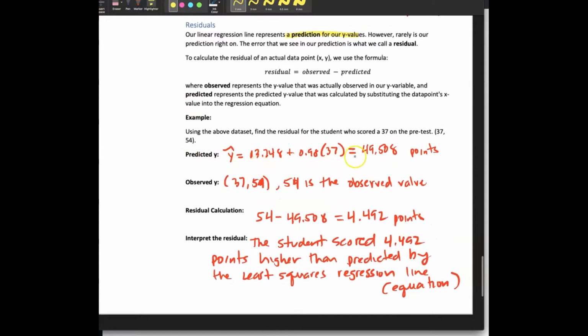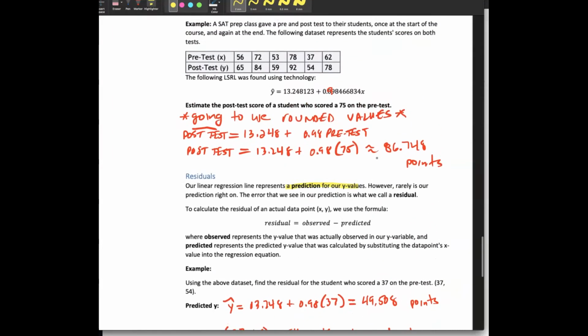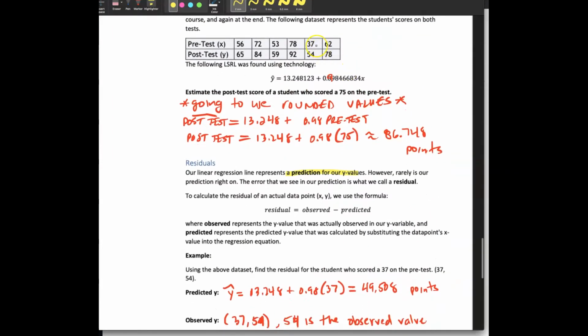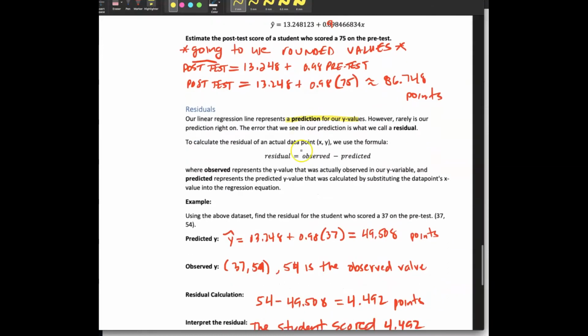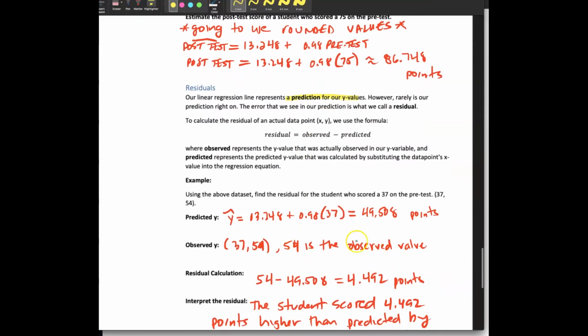I calculated the predicted value for a score of 37. We see a predicted score of 49.508 points. So if someone has a pre-test of 37, we would predict 49. Now in this case, we had an observed value of 37 and 54. So 54 was the observed value, right?